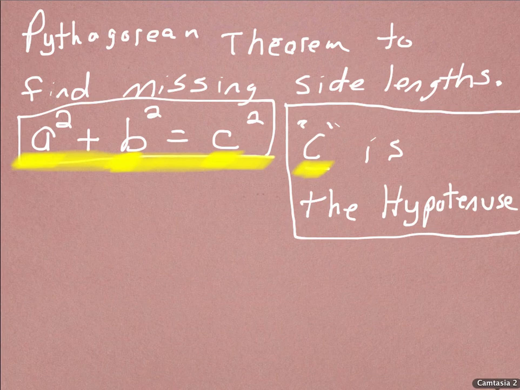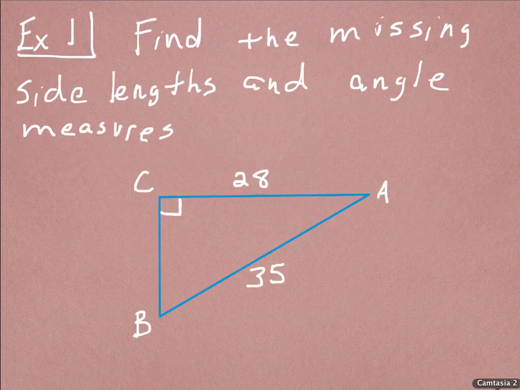Now, if I go to my example, I have two side lengths. And what I'm going to do is label the triangle with my sides. Obviously here's C, the hypotenuse.